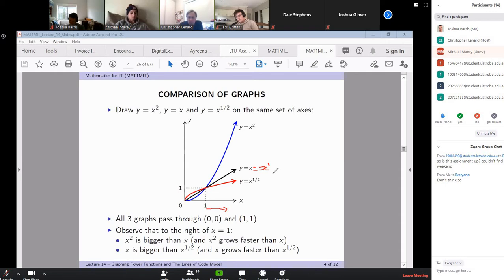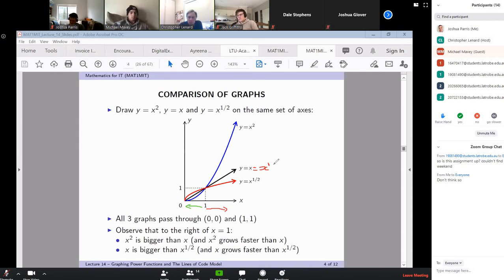On the other hand, if you're going to the left of 1, then things switch around: x to the half is above x to the 1. That's because a half is less than 1. The x to the 1 is above the x squared.